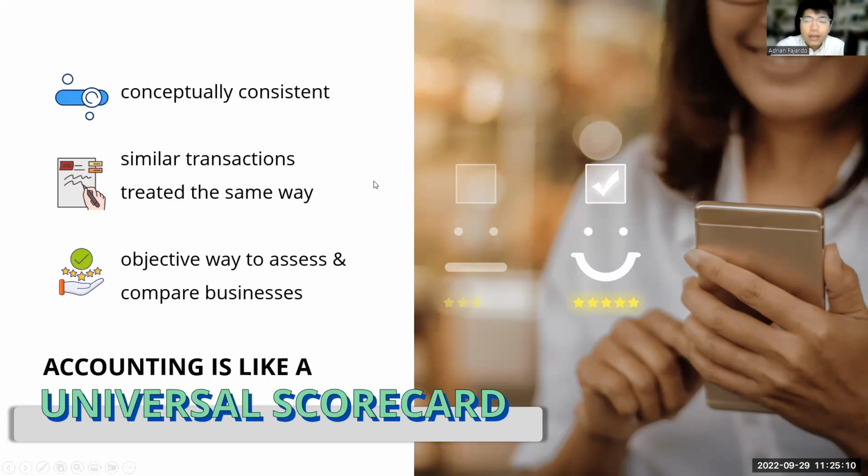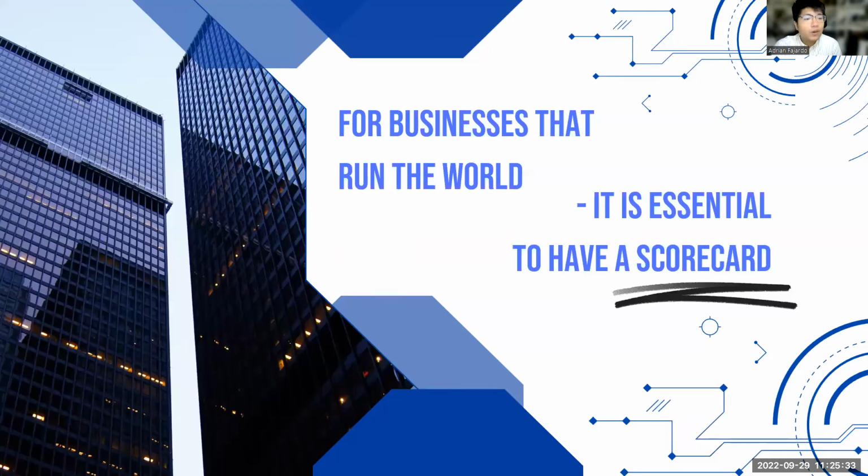And ultimately, the importance of accounting is that we provide transparency, meaning that there is a minimum amount of disclosures required. So you're sure that the data is material, and that comparability, that you can assess the financial performance, the financial position of the companies by comparing their financial statements. And therefore, for businesses that run the world, it is essential to have accounting because it's essential to have a scorecard.